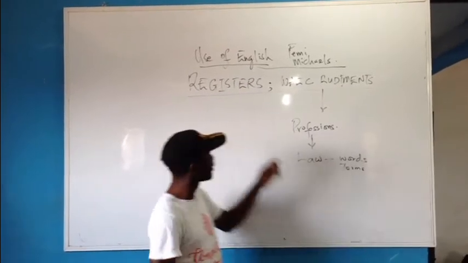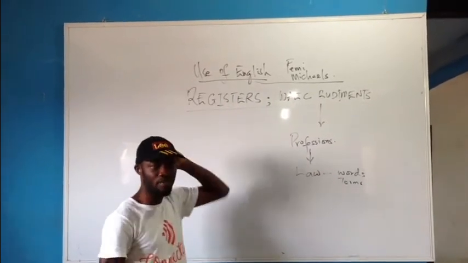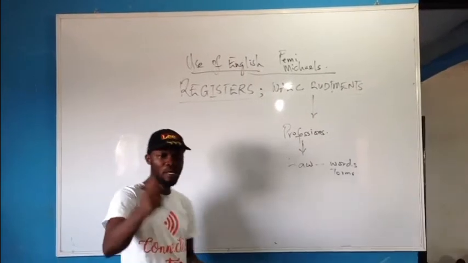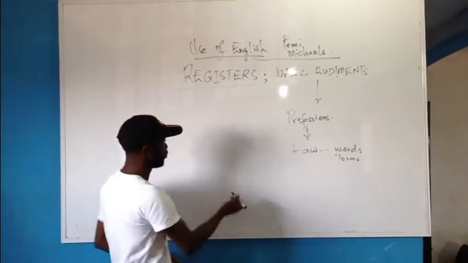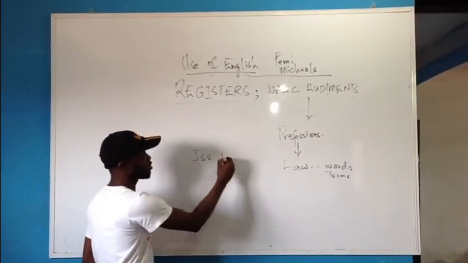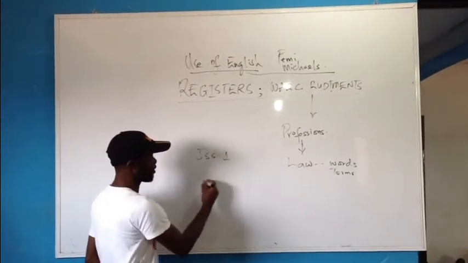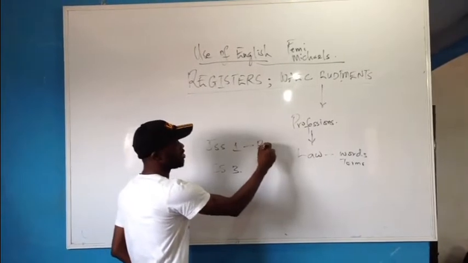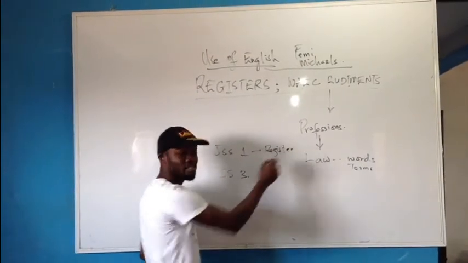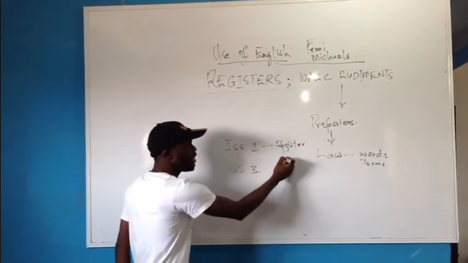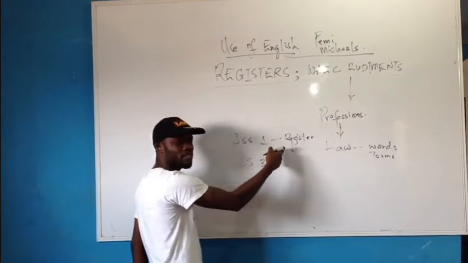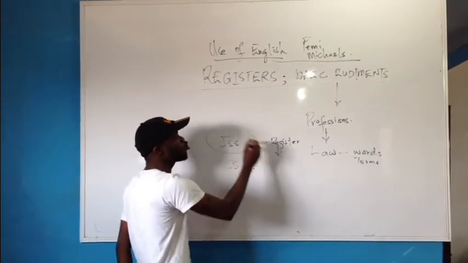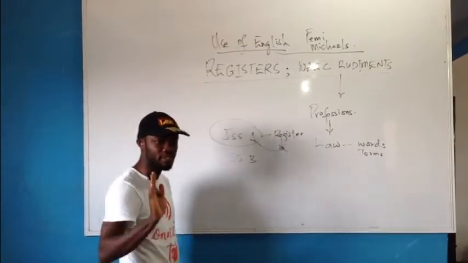By doing that, we are talking about what? Registers. Let me give an example. While you were in secondary school, if you have a JSS1 class and an SS3 class, this class has what we call a register, which is a class register. Is that not so? The things you will find inside this register will be the names of students in this class only.